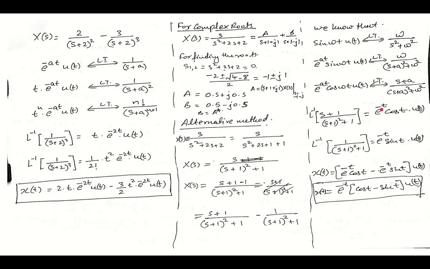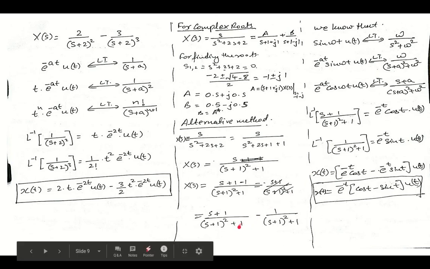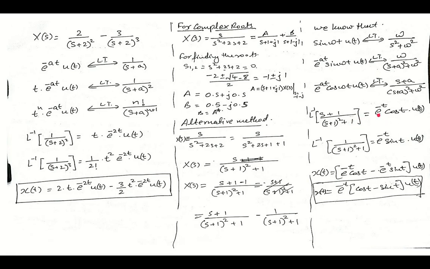So if I put the value of 1 in e to the power minus at cos omega t ut, I get e to the power minus t. And similarly, the value of omega is 1 over here, so it is cos t, since omega is 1, into ut. So s plus 1 upon s plus 1 whole square plus 1 will yield e to the power minus t cos t into ut.